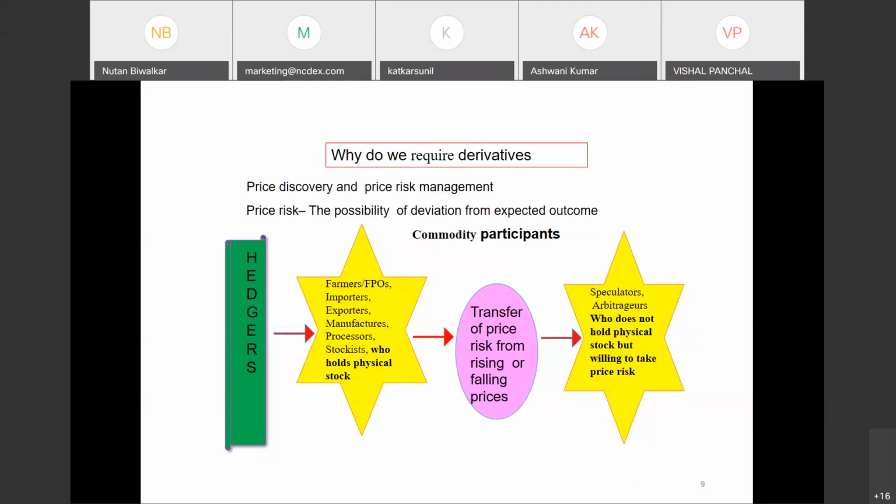This means he is a knowledgeable person who should have a knowledge of the factors governing demand and supply, not only at the national level but at the international level also. Because we have commodities, as I have shown you, like sugar, cotton, soybean.